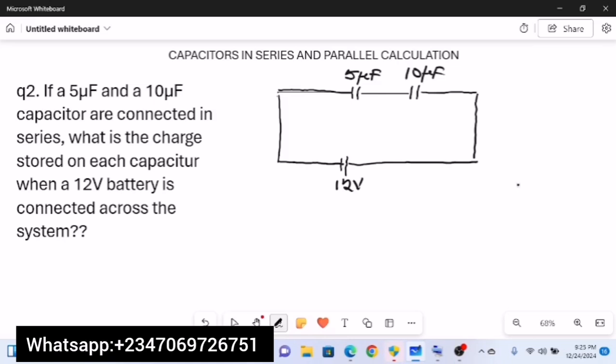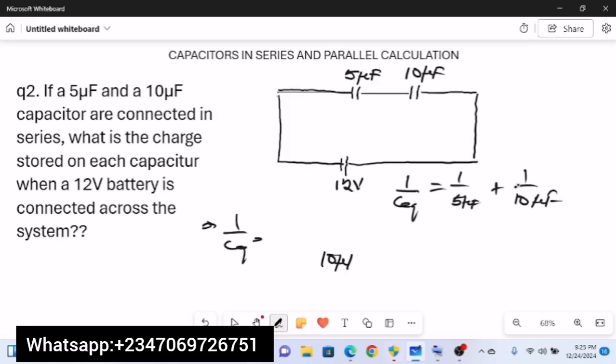Remember, since we have two capacitors, 1 all over C equivalent. Whenever they are in series, you take the reciprocal of each of them. That becomes 1 all over 5 microfarad plus 1 all over 10 microfarad. So this simply implies that 1 all over C equivalent becomes, the LCM there is obviously 10 microfarad.